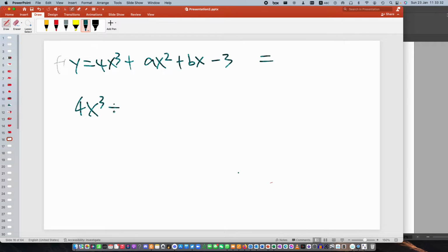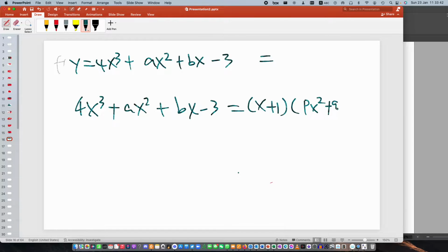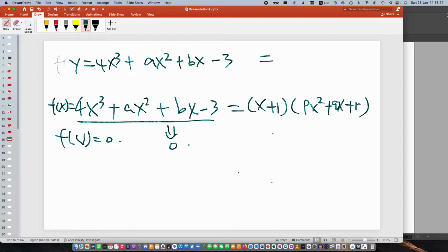This is your dividend. This is the polynomial. This polynomial can be factorized into this based on the statement from the question. So now they say f(x) is equal to 0, right? So when f(x) is equal to 0, it means this is equal to 0, or this is equal to 0, or this is equal to 0.